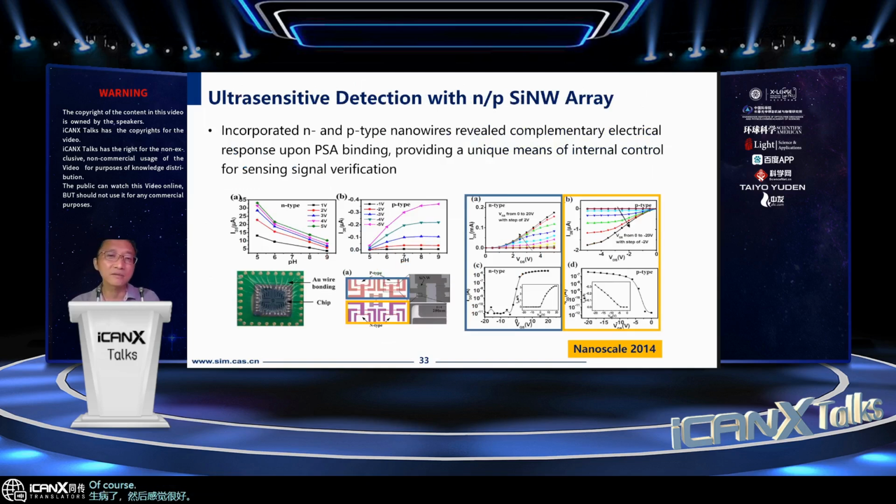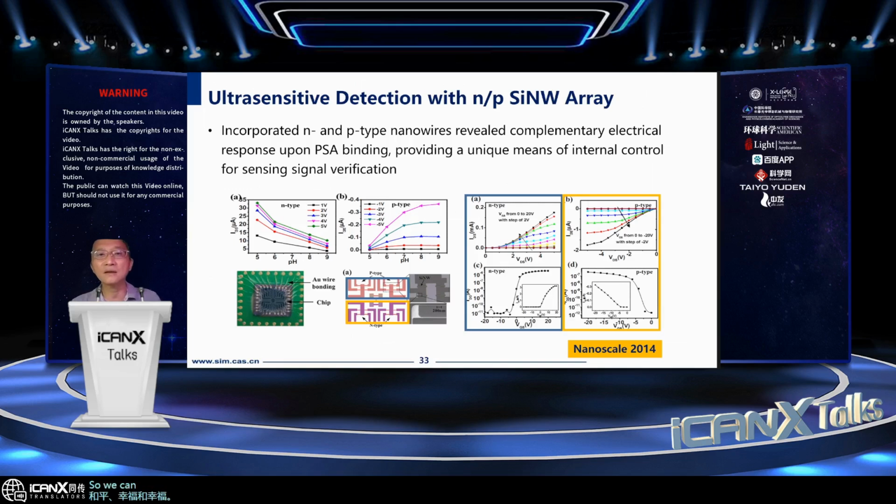Of course, because it's very sensitive, it will be sensitive to a lot of things. Maybe sensitive to the temperature, maybe sensitive to the pressure, and maybe sensitive to the wind flow, and a lot of things. Because it's made of silicon, we can make N-type nanowire as well as P-type nanowire.